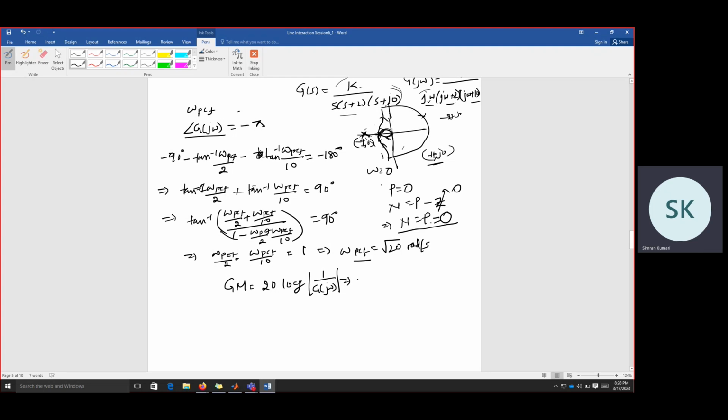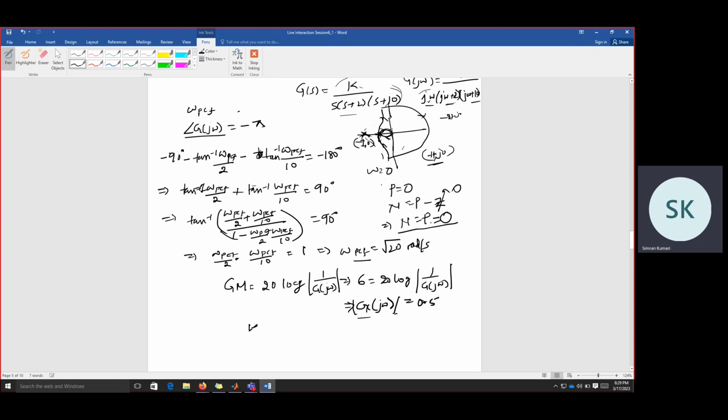So 6 dB is equal to 20 log of 1 by G(j omega), which means the magnitude of G(j omega) is 0.5.